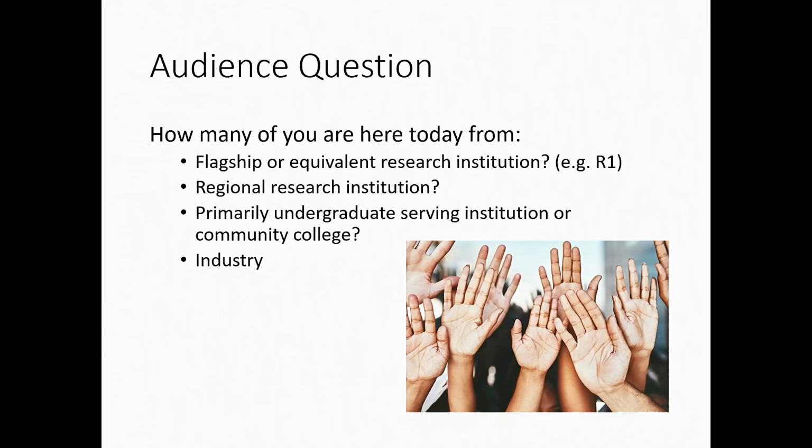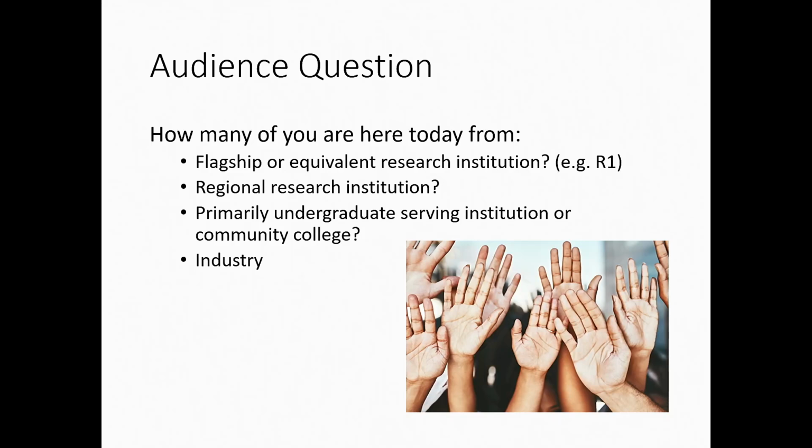So I'd like to get a sense of who's in our audience today. If you are affiliated, either student, faculty, or staff of a flagship or an equivalent Research One style institution, could you raise your hand? Okay, we've got a few. What about a regional research institution, like the Cal State System?